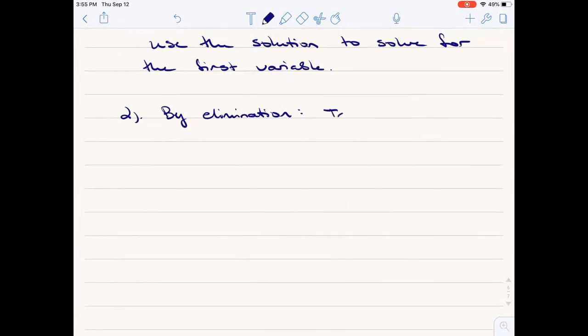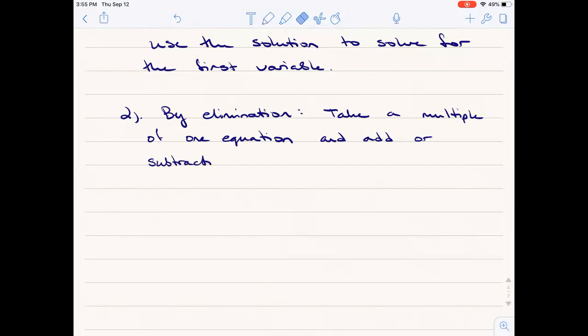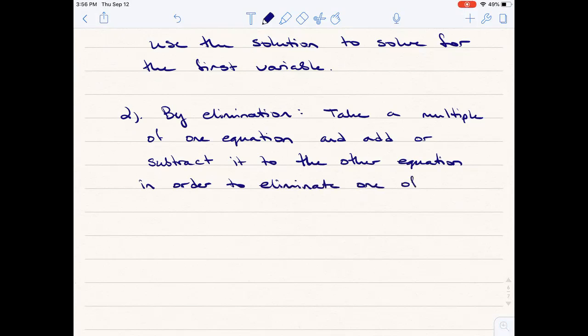By elimination, we take a multiple of one equation and add or subtract, whichever one works for you, to the other equation, in order to eliminate one of the variables.